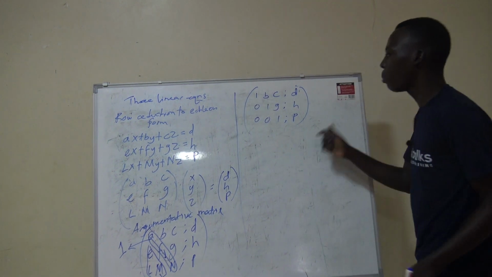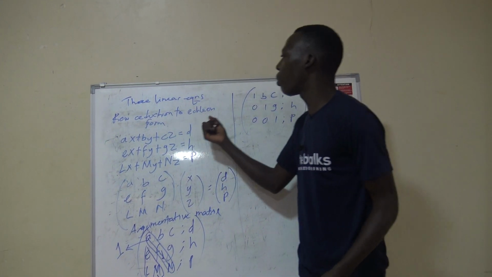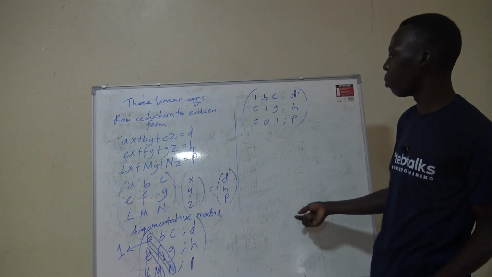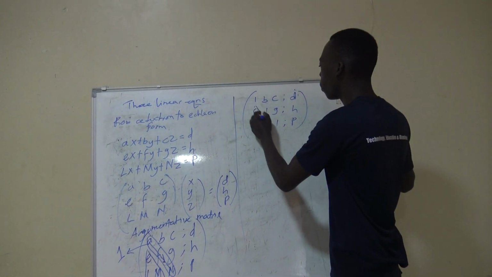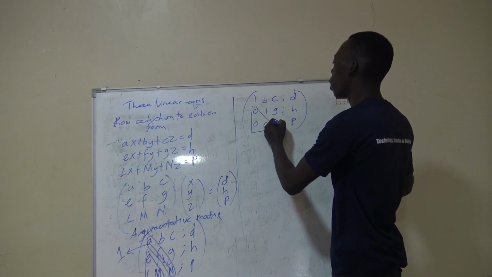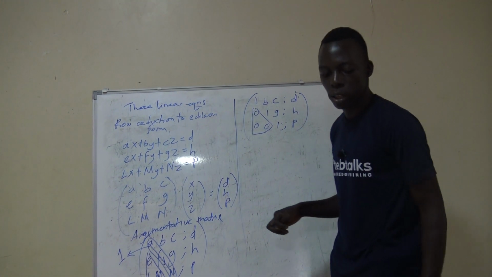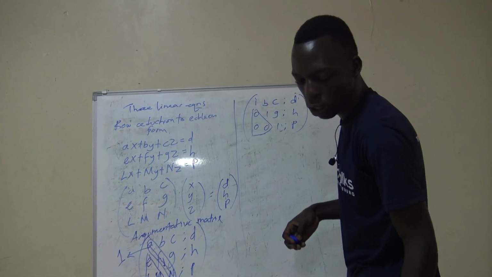So in row reduction to echelon form, these components must be 0, and the diagonal must be 1. That's what we are going to begin dealing with.